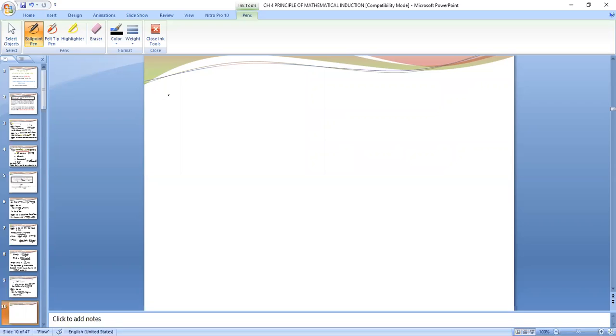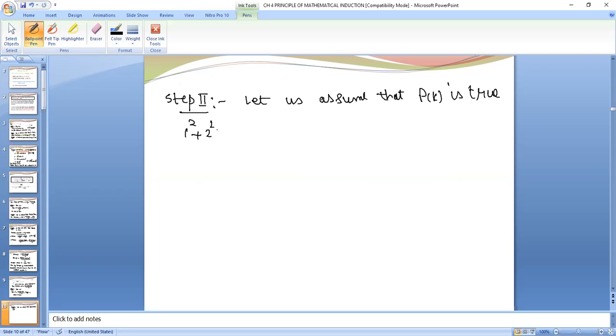Then step 2. Let us assume that P of k is true. That means 1 square plus 2 square plus 3 square plus and so on up to k square is equal to k into k plus 1 into 2k plus 1 upon 6.